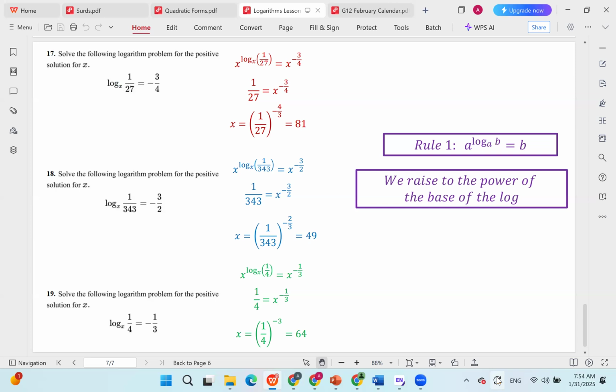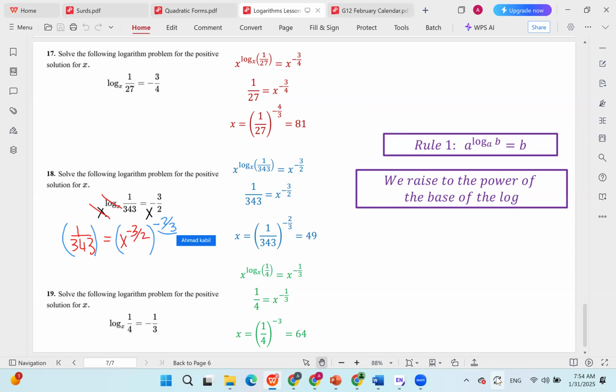Let's try the second example. I'm going to raise both to a base of x, and these will cancel out. So 1 over 343 equals x to the power of negative 3 over 2. Take both sides and raise them to a power that cancels negative 3 over 2. So it will also be negative, but I'm going to flip the fraction.